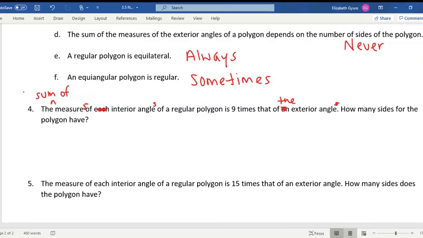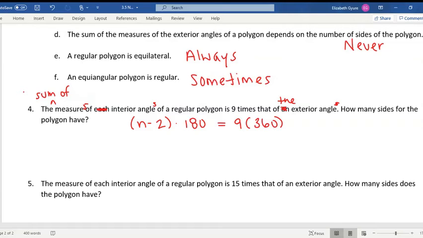So we do have a formula for the sum of the interior angles, and that's n minus 2 times 180. Because it says the sum of the interior angles equals 9 times that of the exterior angles, that's implying the sum. So we would do 9 times the sum of the exteriors, which is 360.